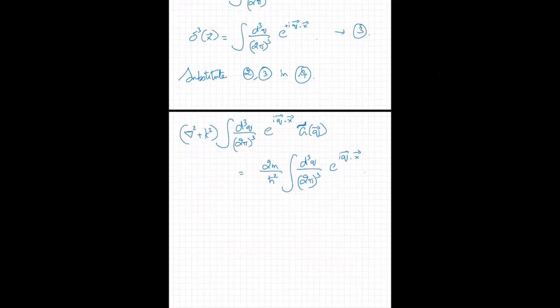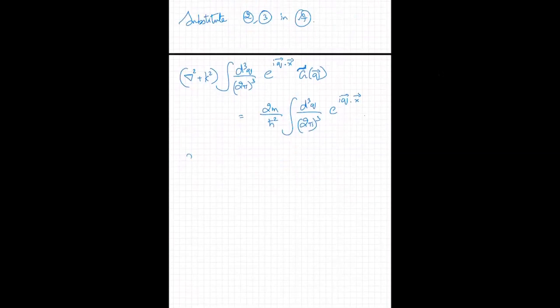Now we do the usual trick. On the left hand side, the integration is over the variable q, and the del square is differentiation with respect to the variable r in x. So I can, with impunity, take the del square plus k square inside the integration, because for integration with respect to one variable and differentiation with respect to a different variable, the order can be interchanged.